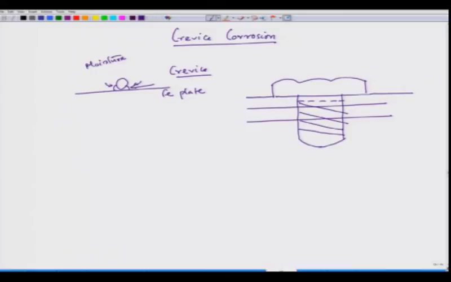When we have this bolt, we also sometimes put a thin rubber sheet, which will act as a gasket.